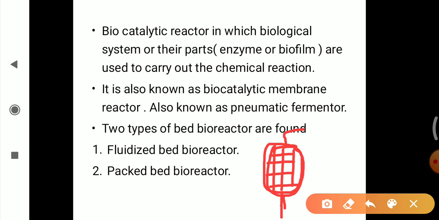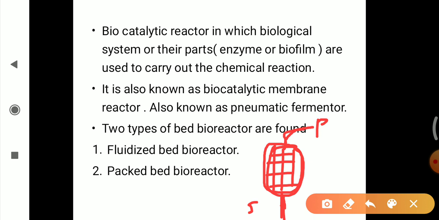The substrate is injected through the bottom and held inside the reactor for a specific period of time to react inside the column. The organism present in the column converts the substrate into product, and the product is recovered simultaneously at the upper region.